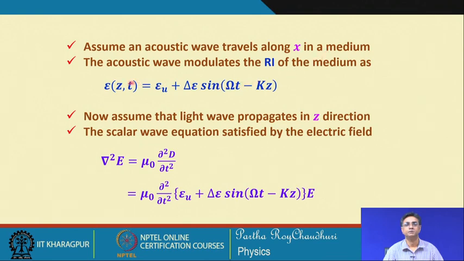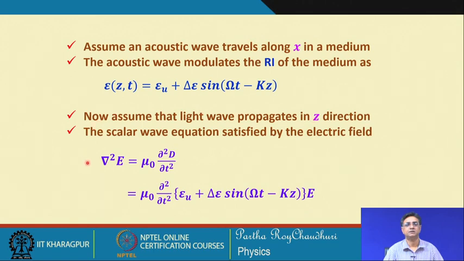So, the periodic perturbation in the medium will be given by this. The light wave is traveling along x. So, now assume that the light wave propagates in the z direction. So, these are actually not correct. This should be z and this should be x.